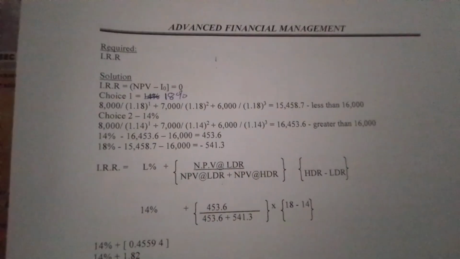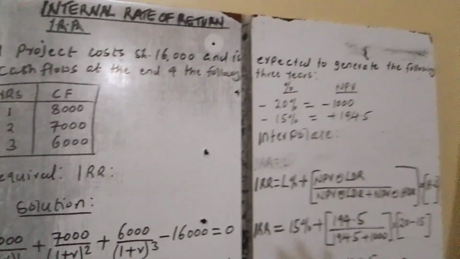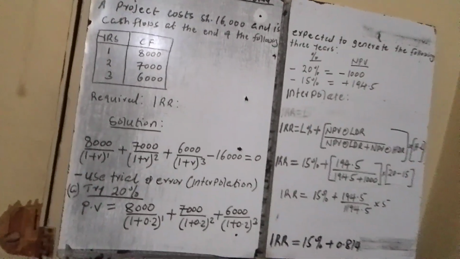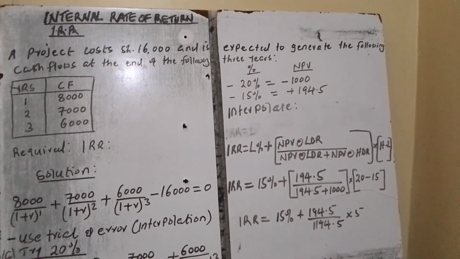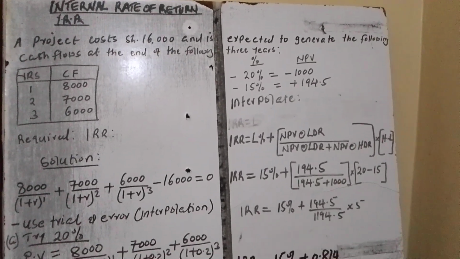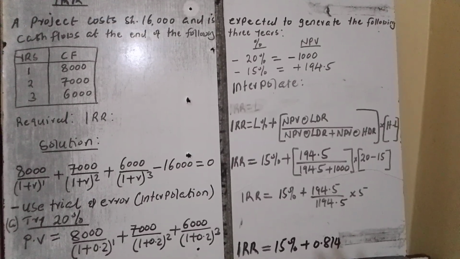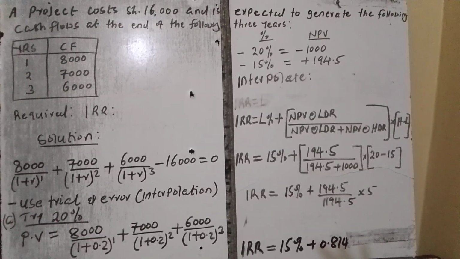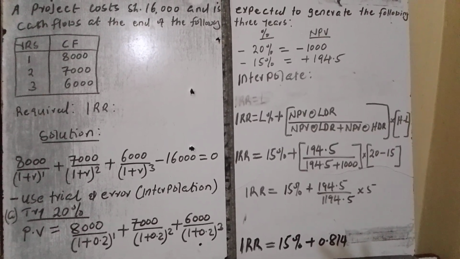So understand that formula. Allow me to take up an example now. Let's go back to our example on the board. We have been told that a project costs 16,000 shillings and is expected to generate the following cash flows at the end of the following 3 years.